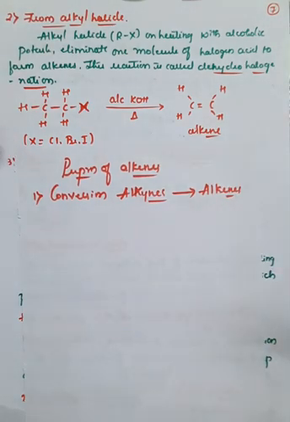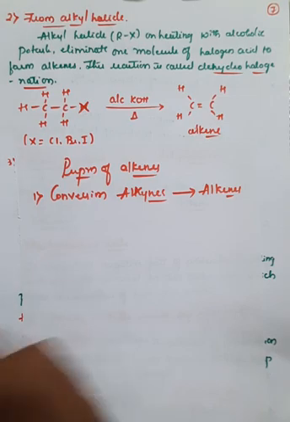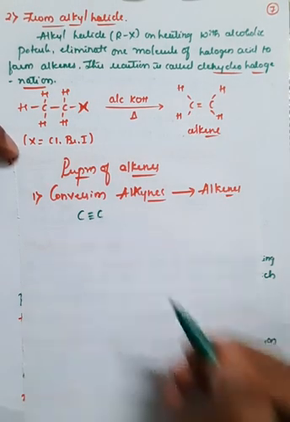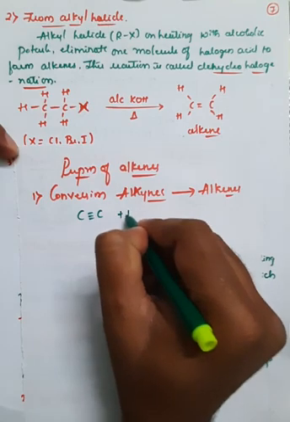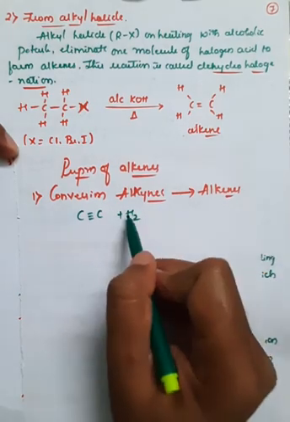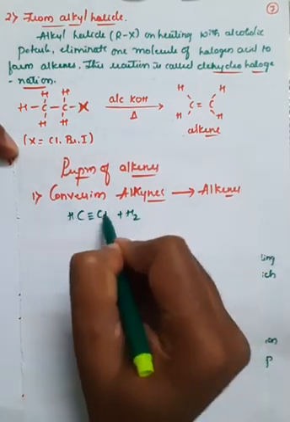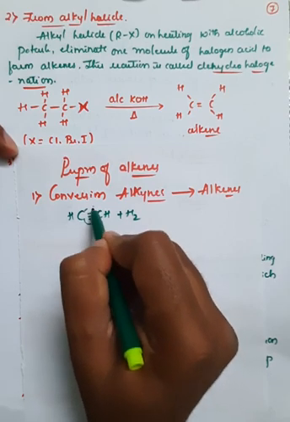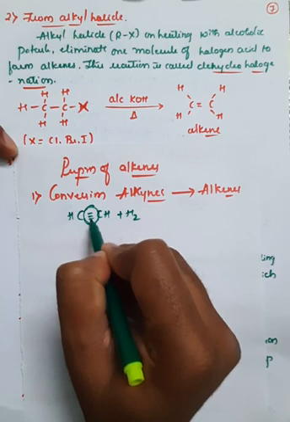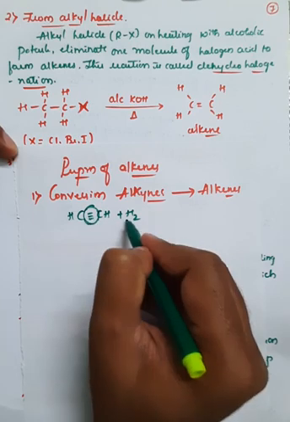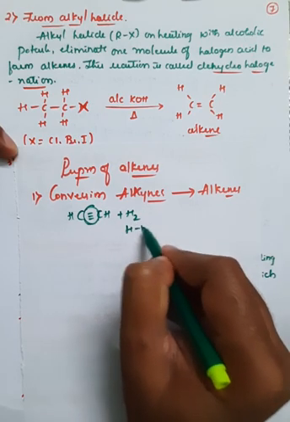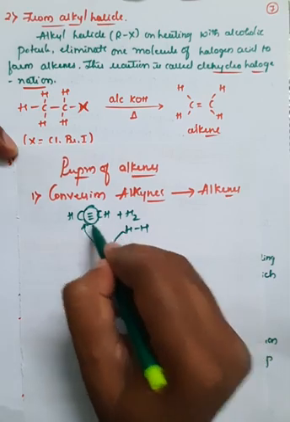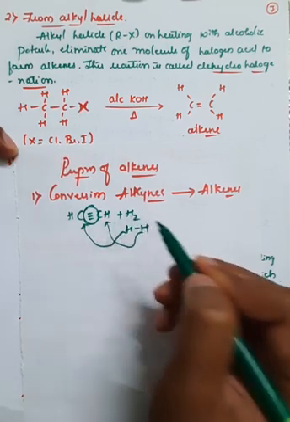Generally in alkynes the carbon-carbon is triple bonded. In presence of H2, hydrogen is added across this triple bond, and out of this triple bonded molecule we will break one bond. One hydrogen will bond with this carbon atom, and another hydrogen will bond with the second carbon.